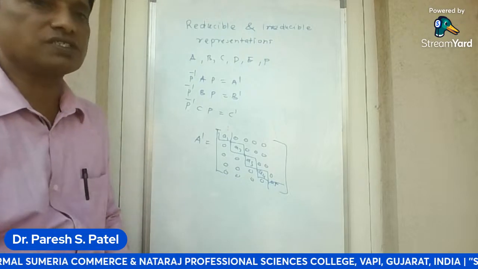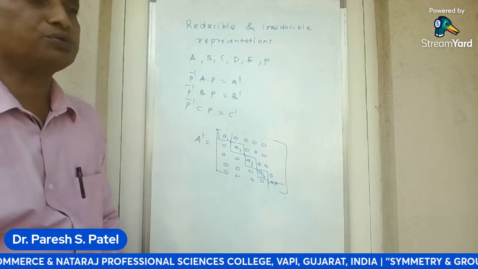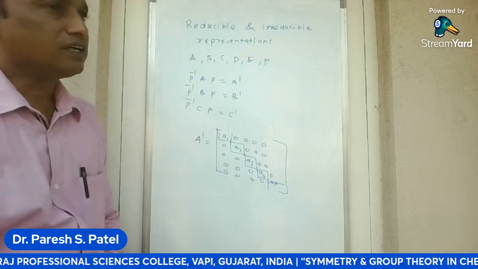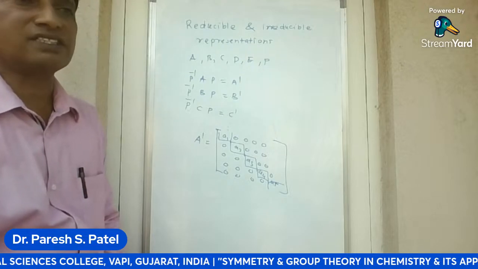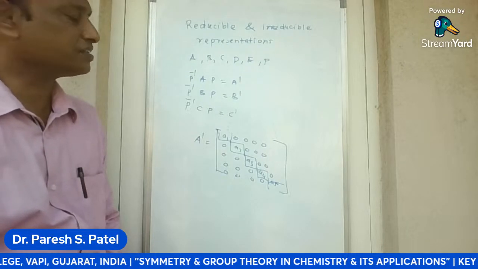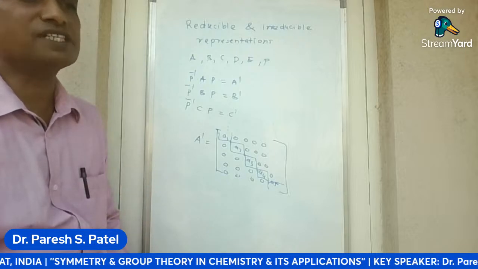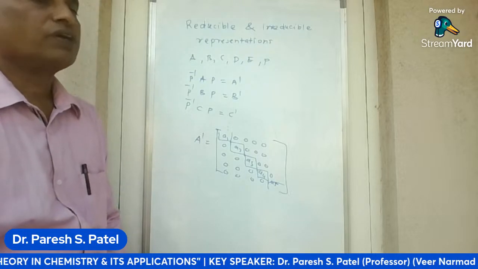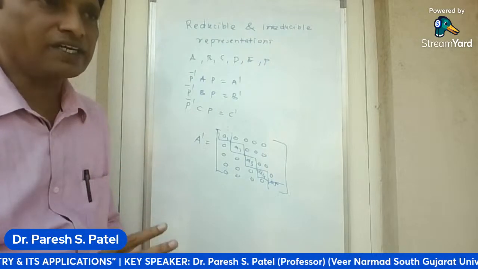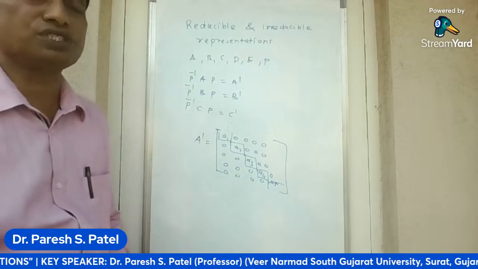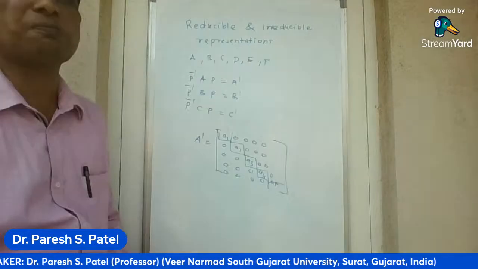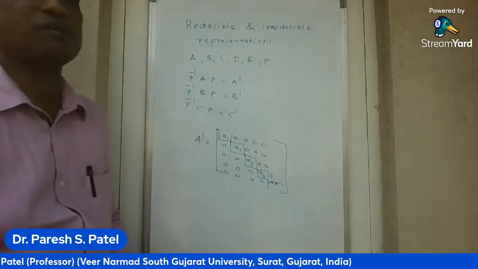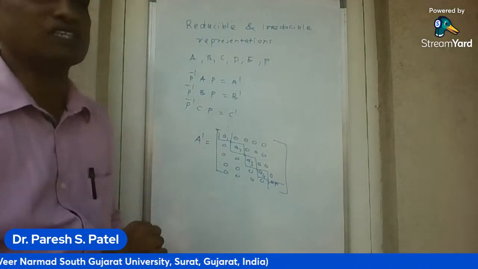So dear students, we always have to consider the identity symmetry matrix to determine the dimension of any representation. So we can convert a higher dimension matrix, or we can reduce a higher dimension matrix into a lower dimension matrix, so that representation can be represented as a reducible representation.